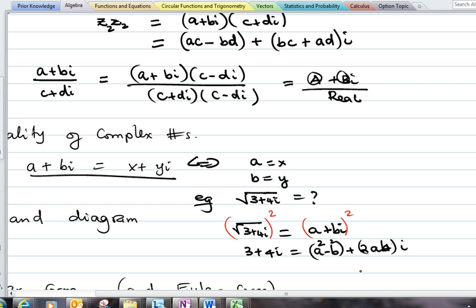So by equating the imaginary parts and equating the real parts, that is 3 equal to a squared minus b squared, and 4 being equal to 2ab, then I can find what a and b are.